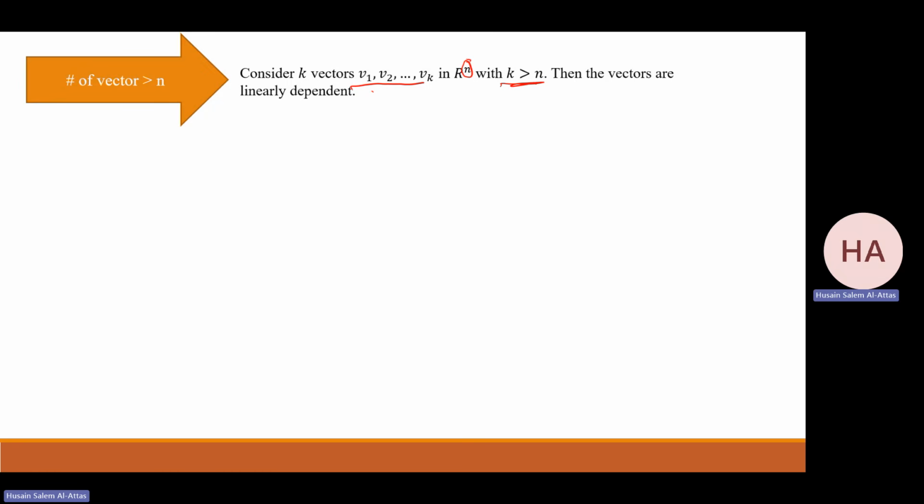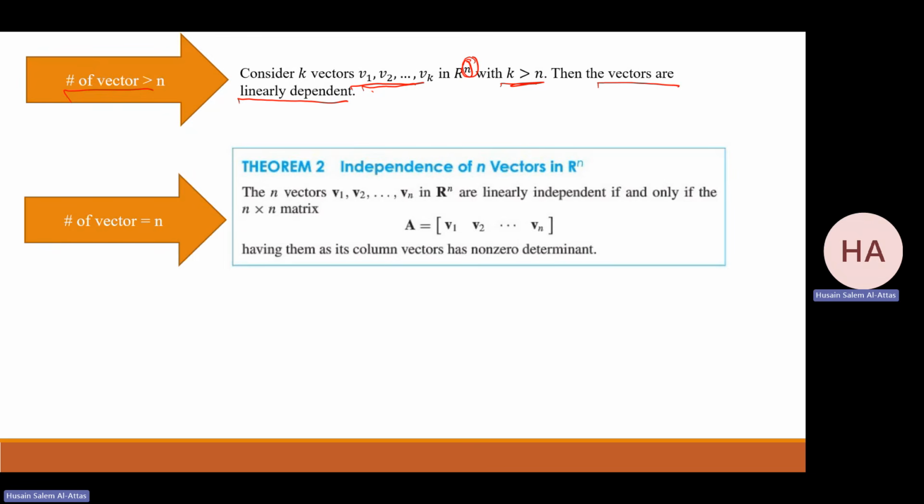This is the first thing. If the number of vectors is more than the dimension of Rn, more than n, which in Rn we call the dimension in the next section, right away these vectors are linearly dependent. The next case, if they are the same, then we need to do what?